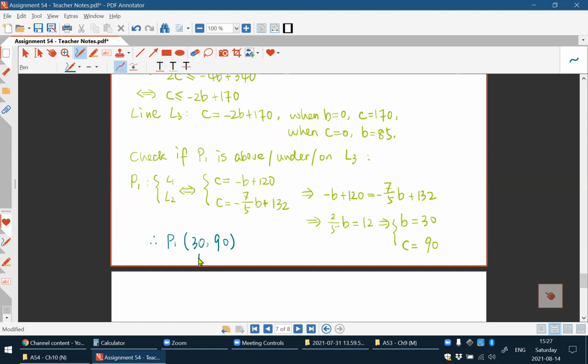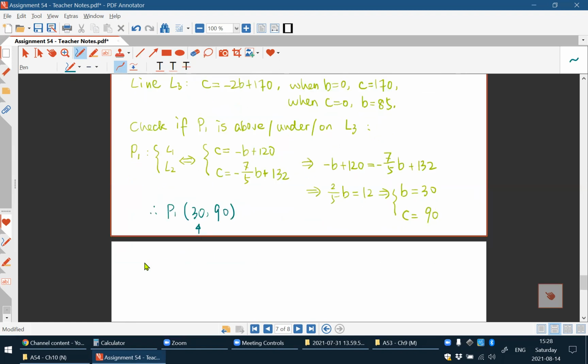We can put the x value into the equation of line L3, right? So put B equals 30 into L3, which is C equals minus 2B plus 170.